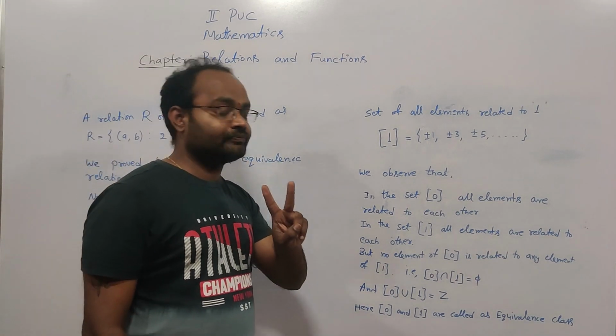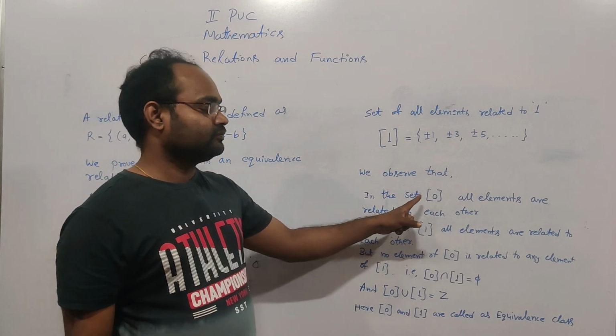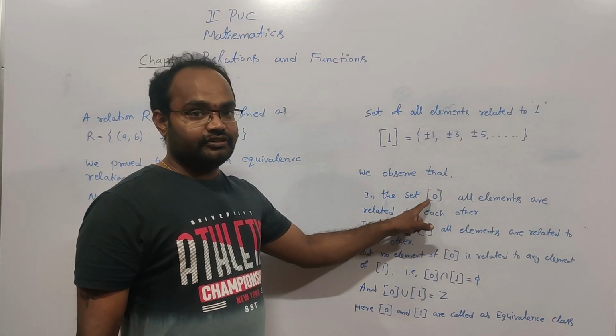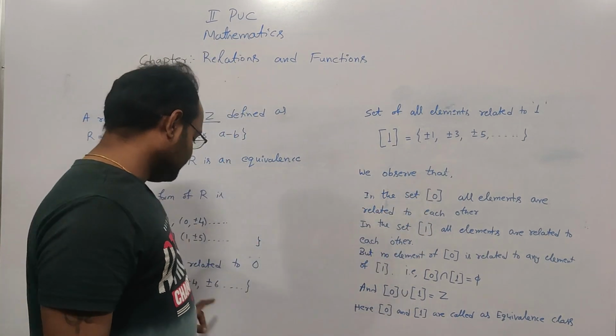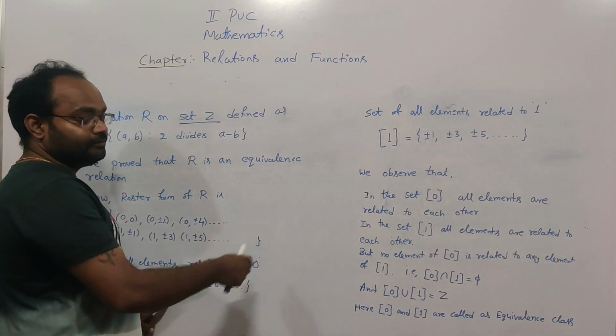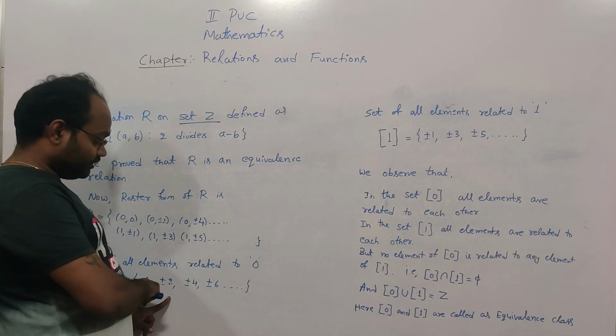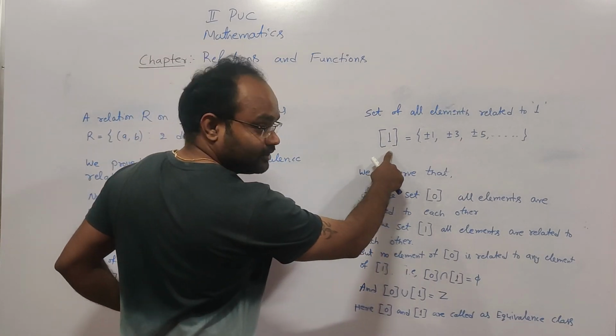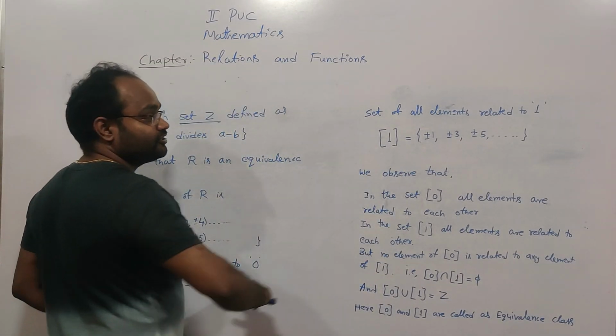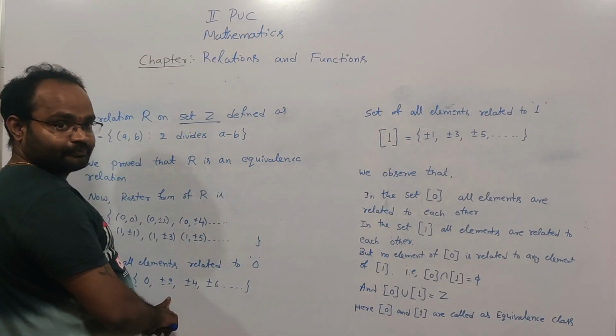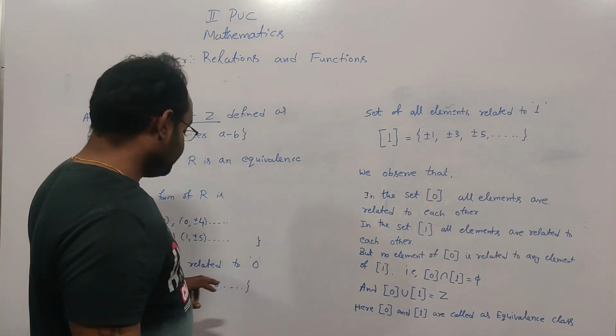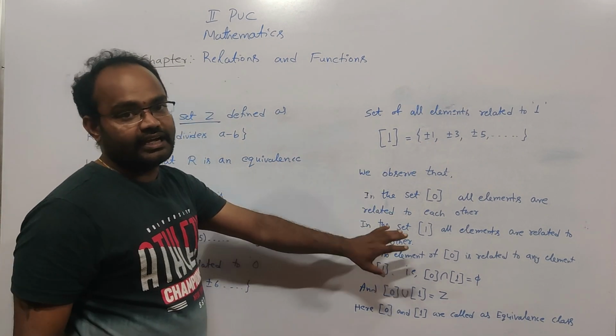Second one, what we should have: in every set, every element should be related to each other in this set as well as in this set, but there should not be any relationship between these two sets. And if you take the union, you should get the actual set.